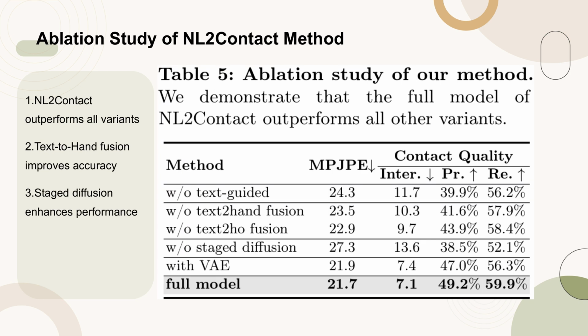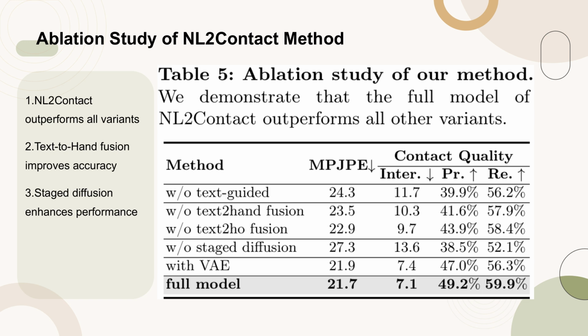Table 5 presents an ablation study of our NL2Contact method, demonstrating its superiority over all other variants. The study evaluates the impact of different components: without text-guided, without text-to-hand fusion, without text-to-HO fusion, without stage diffusion, with VE, and the full model.